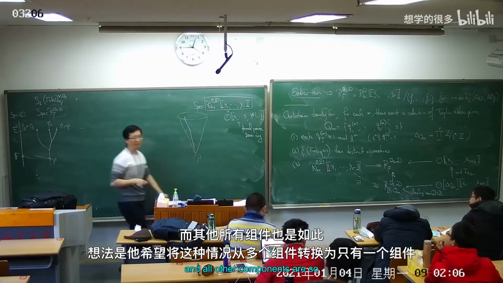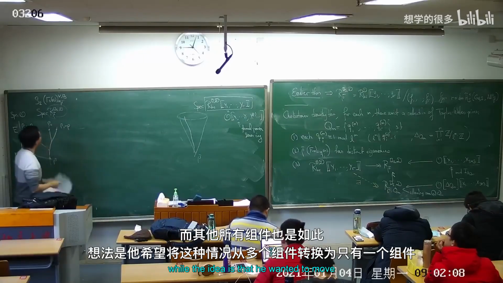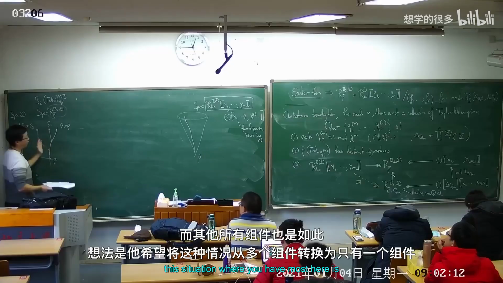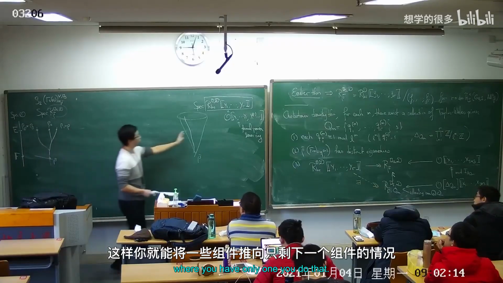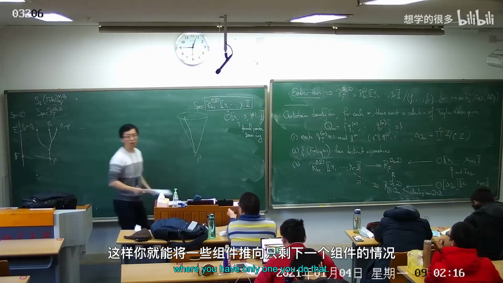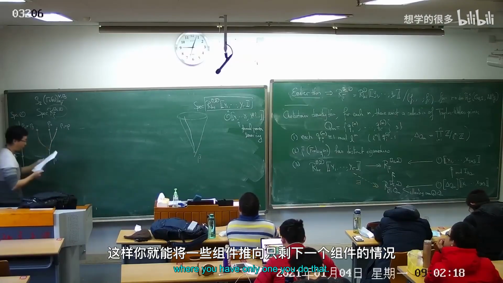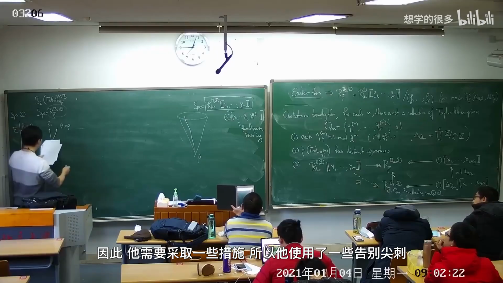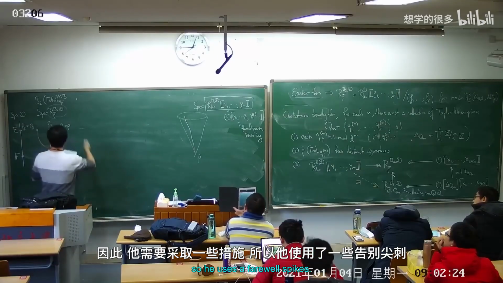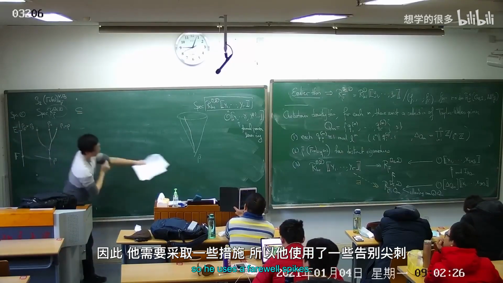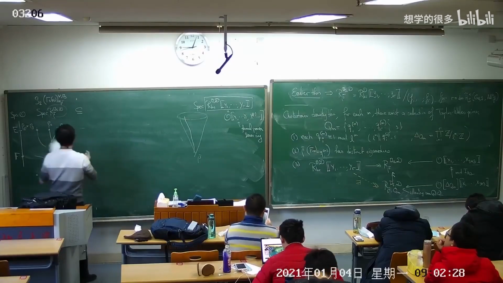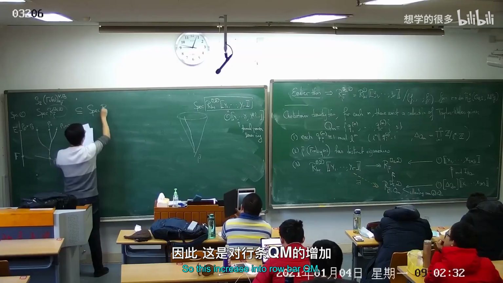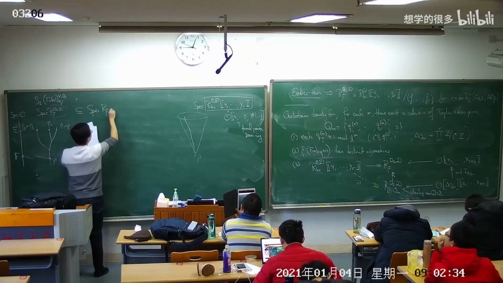So Wiles's idea is that he wanted to move from the situation where you have multiple irreducible components to the situation where you have only one irreducible component. To do that, he needs to use these Taylor-Wiles primes to make this larger. So this increases into rho bar QM.